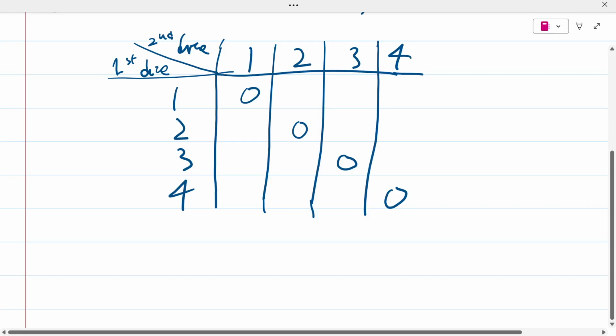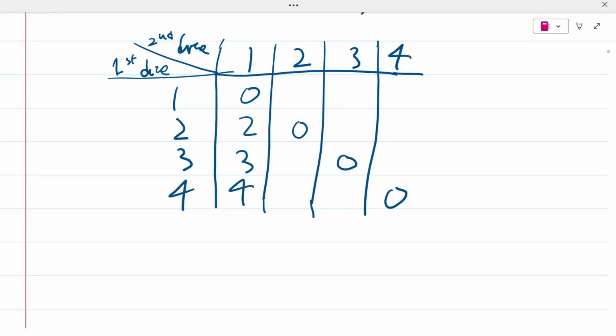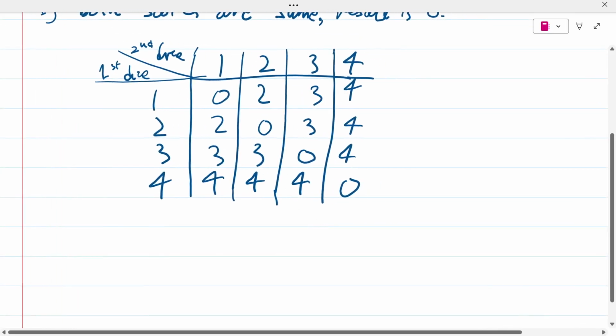Now look, the greater of the scores over here is 2, 3, and 4. Over here again, it's 3 and 4, and again that's a 4 over here. Over here, that's a 4 and a 4. That would be a 3 and a 3, and that would be a 2. I hope I did it right.